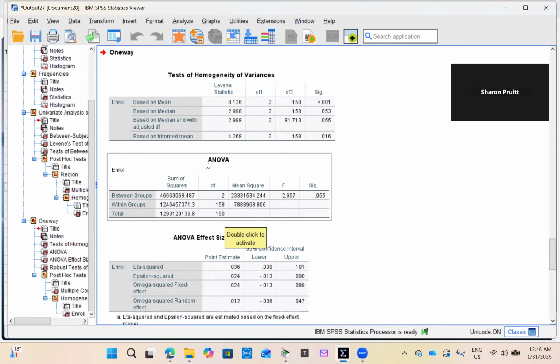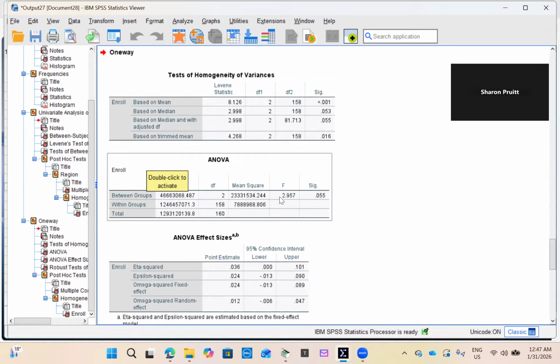Now, the ANOVA table takes into account between groups and within groups components. Between groups represents variability due to differences among the regions, whereas within groups represents variability within region.